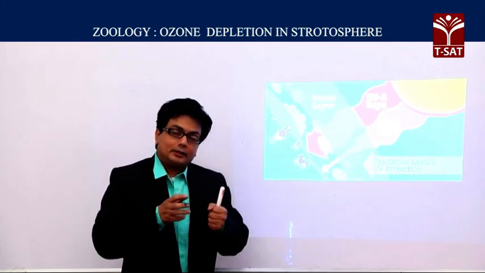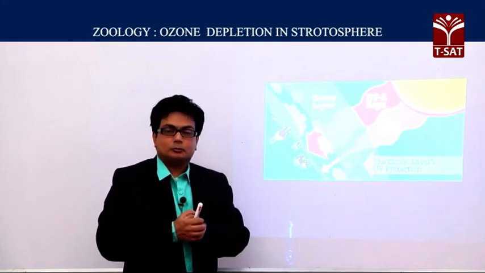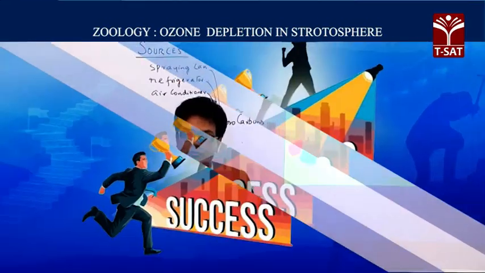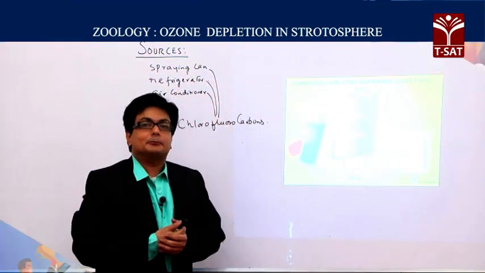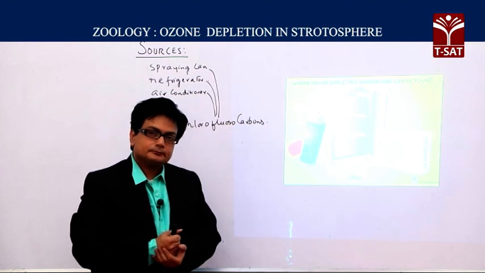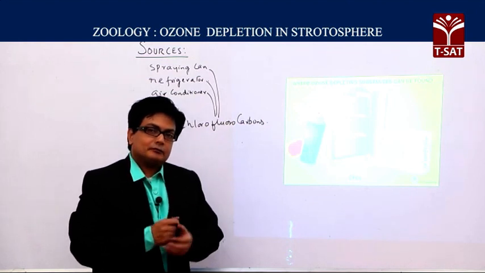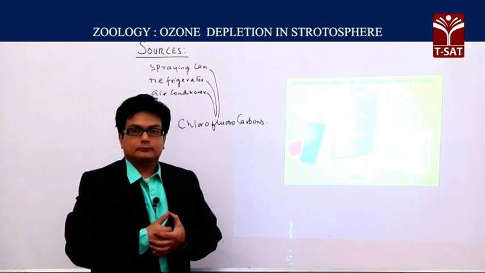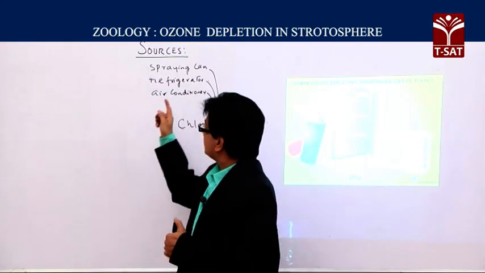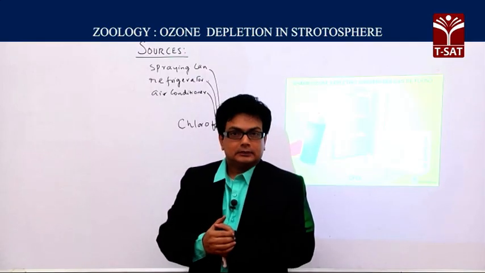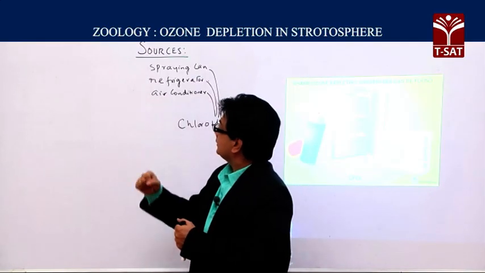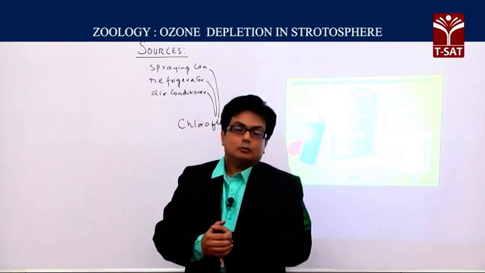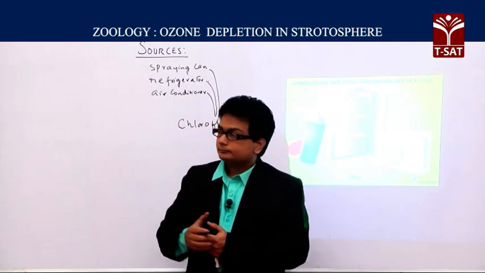What are the various channels which are responsible for the ozone depletion? What are the various sources for the ozone depleting substances? In fact, our topic is at the moment ozone depletion. If you look at this sequence here, the various channels from which we can expect the chlorofluorocarbons, which are ozone depleting substances.